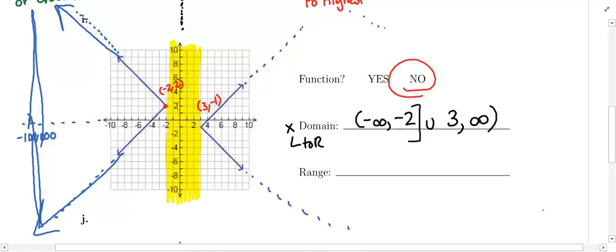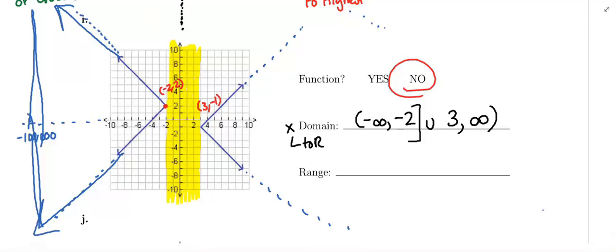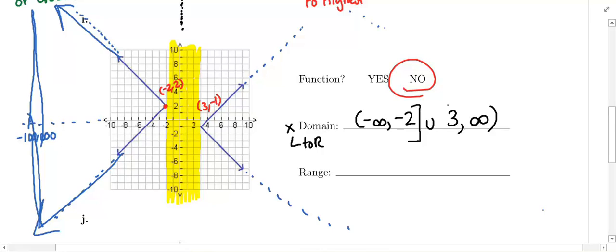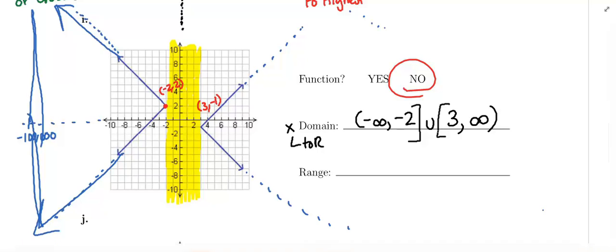There is a solid line. And so you're going to want to include the 3. So this is your domain. This graph, which consists of 2 separate pieces, covers the x values negative 2 and smaller, as well as 3 and bigger.